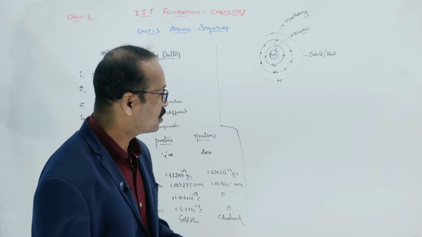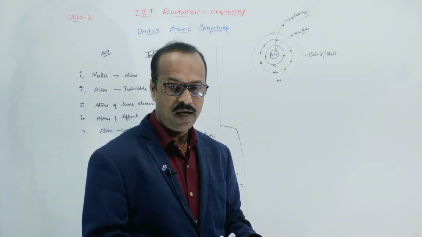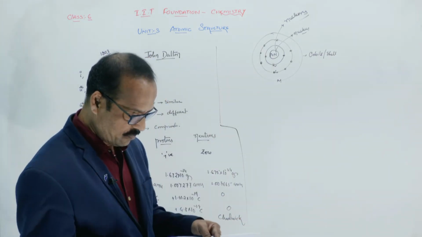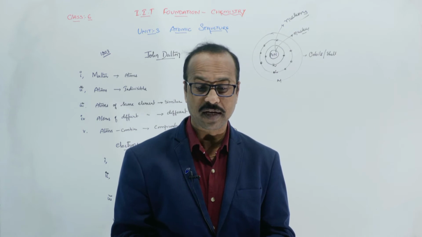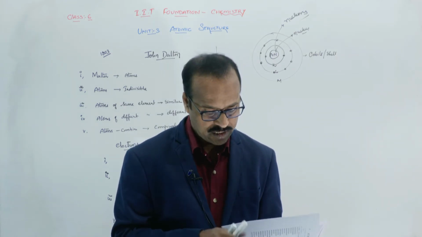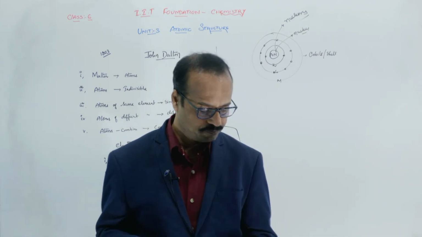Protons and neutrons are present in the nucleus, and electrons revolve around the nucleus in the various orbits or shells. And your fundamental particles' properties comparison is given, so let's go through that comparison. With this, the first synopsis of this chapter is done.